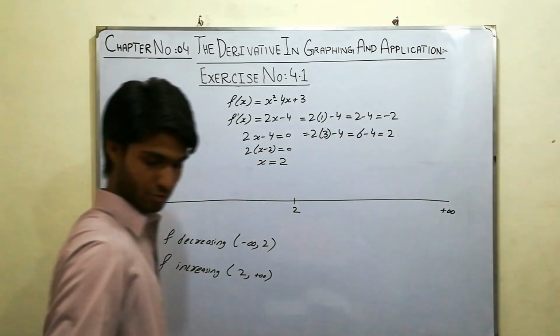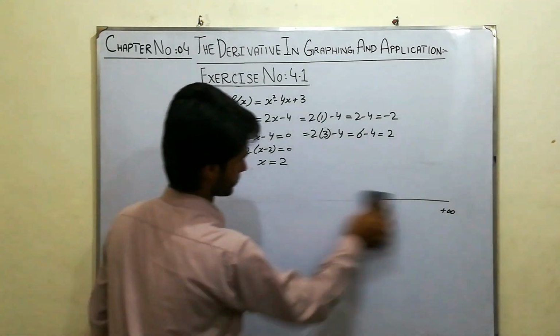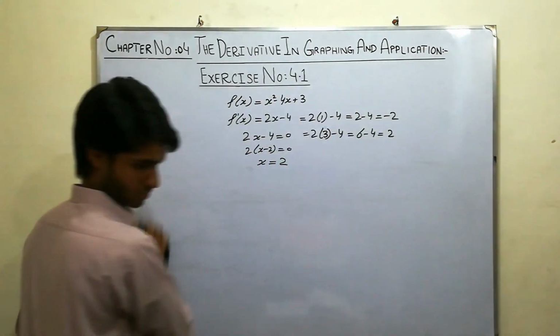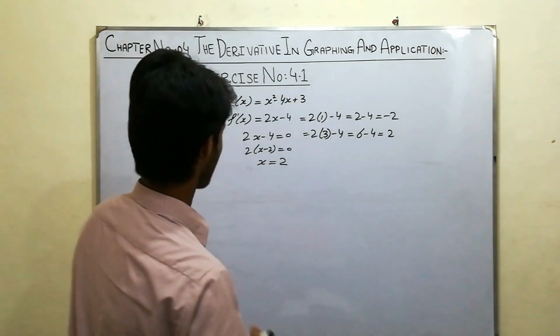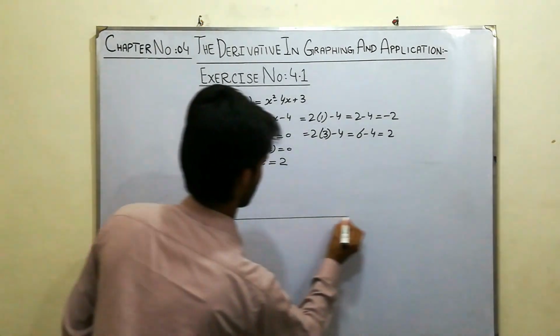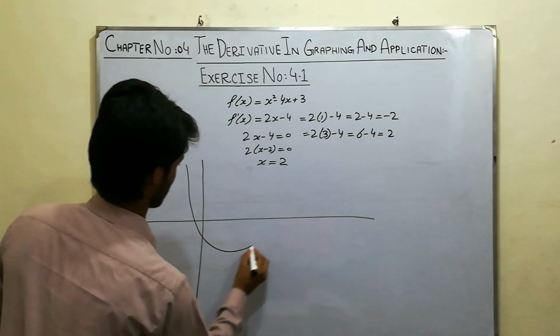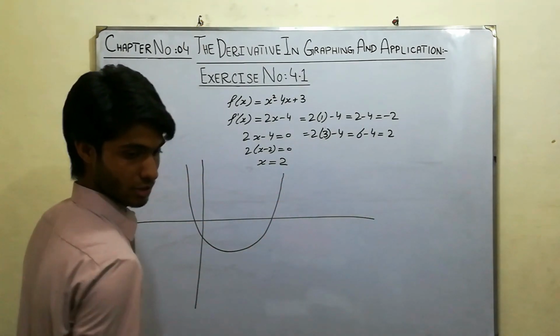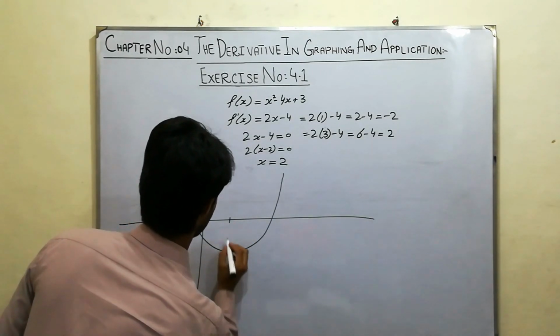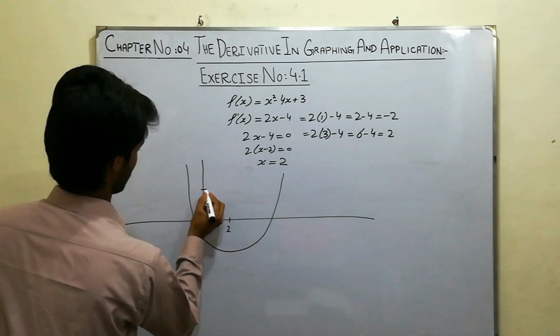So graphically, if we draw the graph of this function, we have other points. Let's suppose this point is 2, and this point is 3.